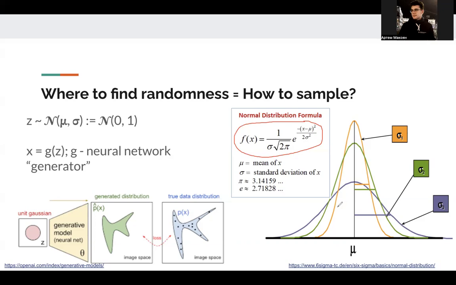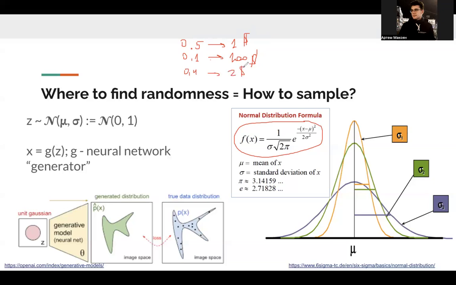For example, if we play a game and with probability 0.5 we obtain, I don't know, $1, with probability 0.1 obtain $100, and with probability 0.4 obtain $2.